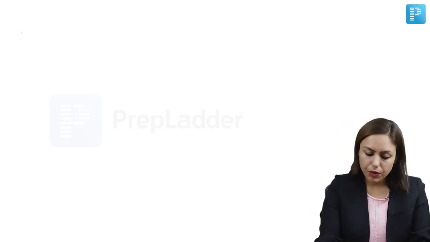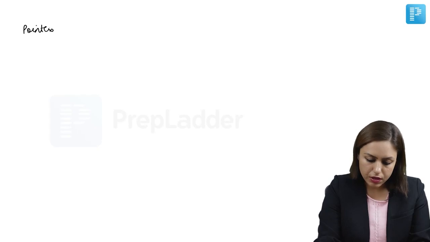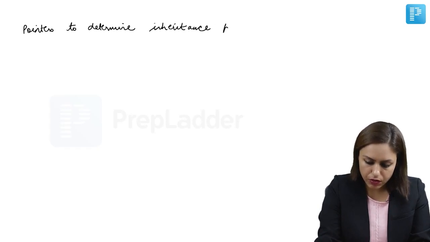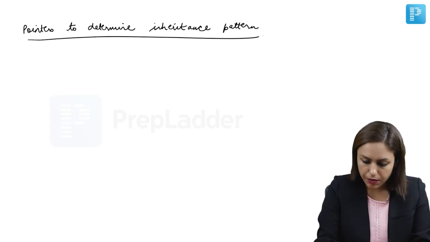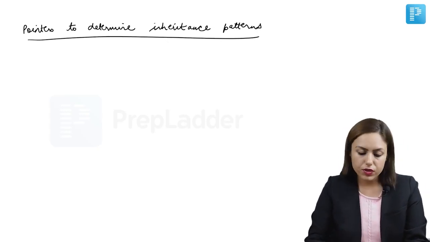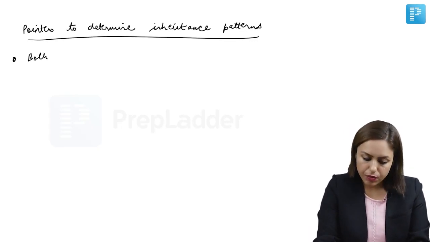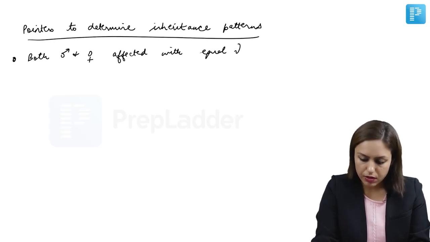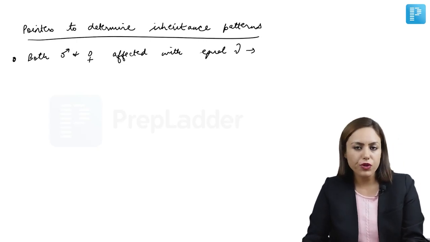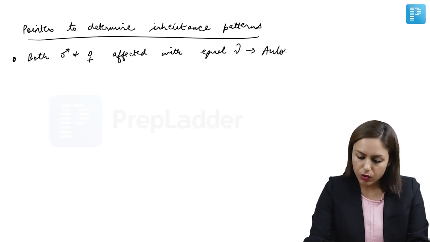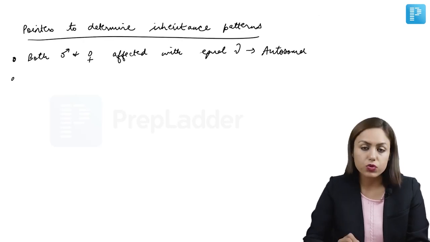Okay, now you can do some important pointers to determine inheritance patterns. So if a question is given to you and the family history is given and they say that both male and female affected with equal frequency, then it is autosomal, right?